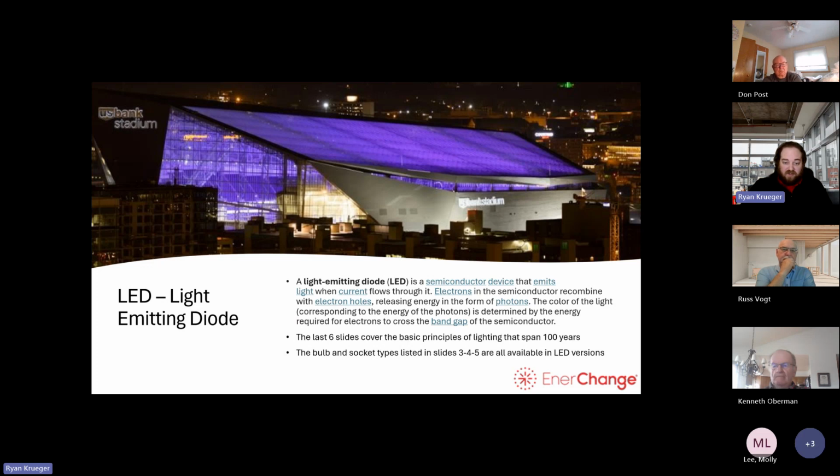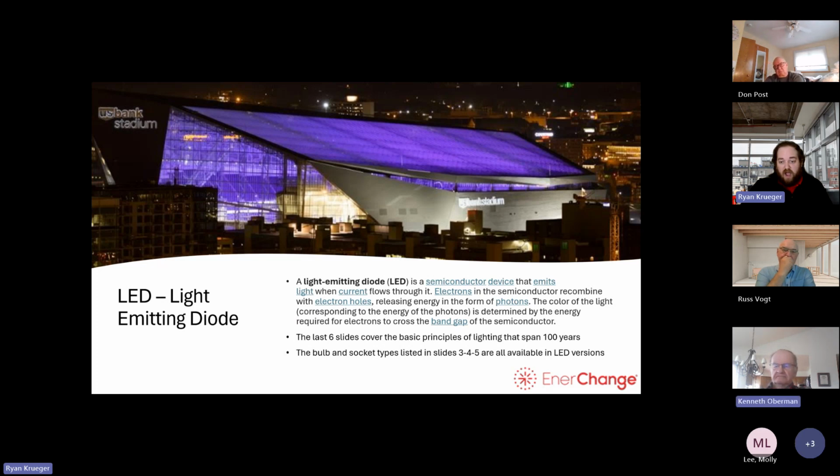And the last 6 slides of basics that I've covered span 100 years of lighting. So it's like LEDs kind of the fix all, but you're replacing older systems. And a lot of them come in all of the different bulbs and socket types that I covered in slides 3, 4, and 5.